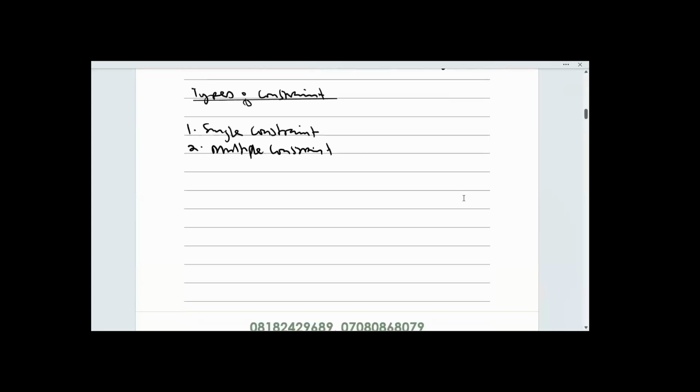The first one, single constraints, arises when only one factor of production is limited in supply.